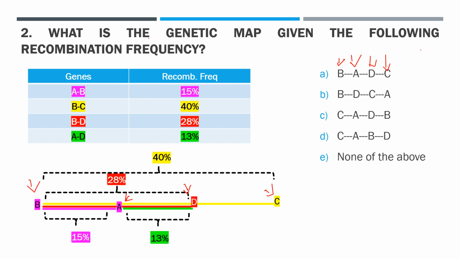So maybe if you don't see the answer there, the answer can also be C, D, A, and B. So it's the mirror image of this one. But here you can see that C and A is incorrect, and B and D is incorrect. So this is why the best answer will be this one.